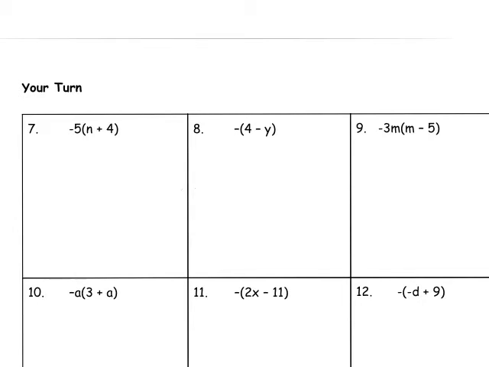So therefore, we're going to use the variable tile plus 4 individuals. Okay? And we're going to do this 5 times. The whole package has to be done 5 times, so not just the variable tiles, but we also need to do the unit tiles 5 times.